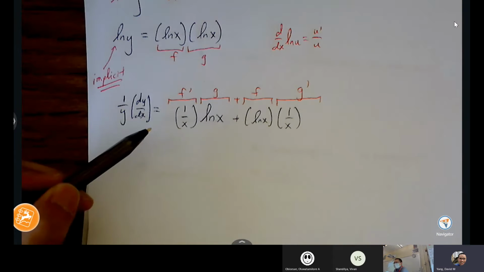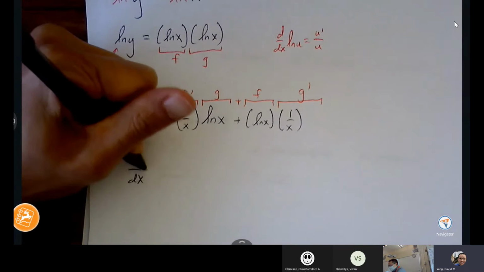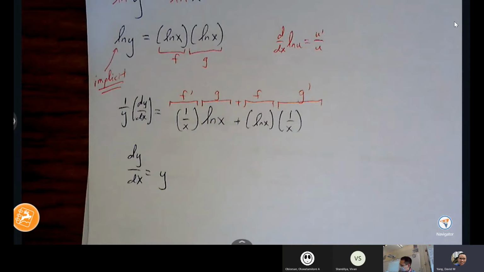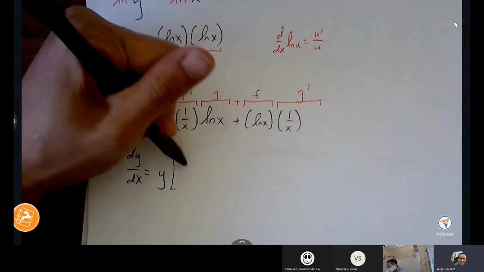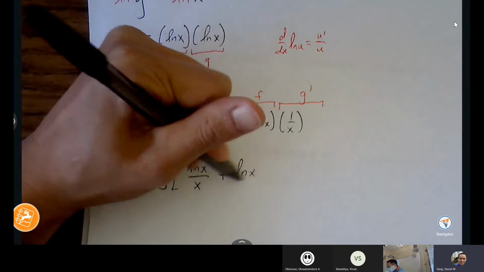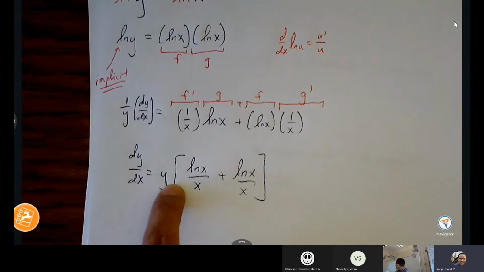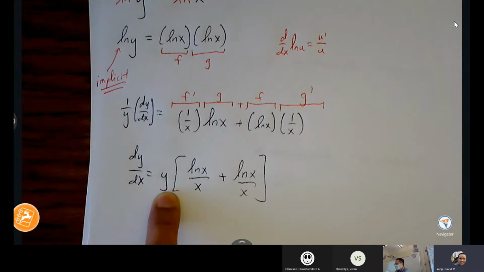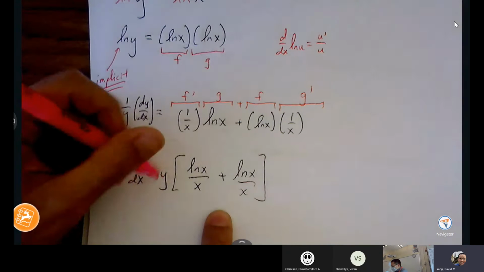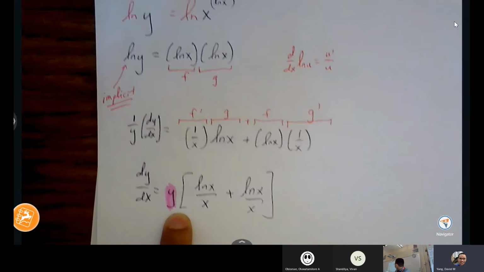Multiply the y over to the right side. Natural log of x. And then what can I replace y with? Do we have a substitute for y?